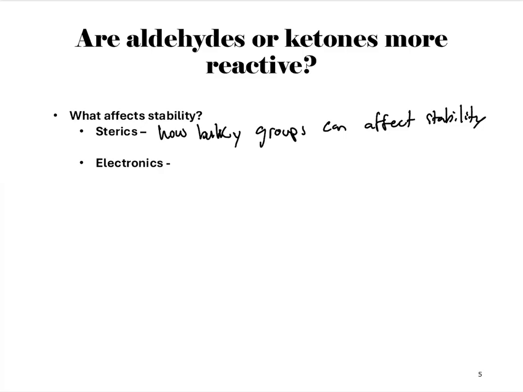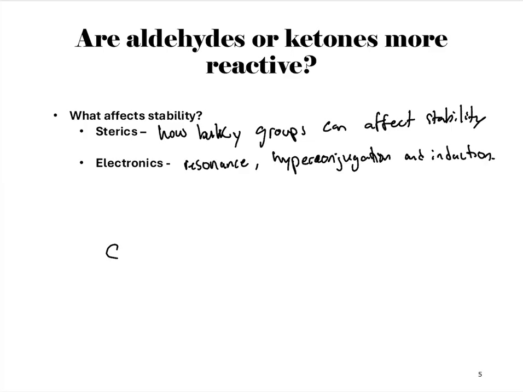And then the electronics can as well. So this would be things like resonance or hyperconjugation and induction. And so we can use these same ideas when we're looking at aldehydes or ketones.